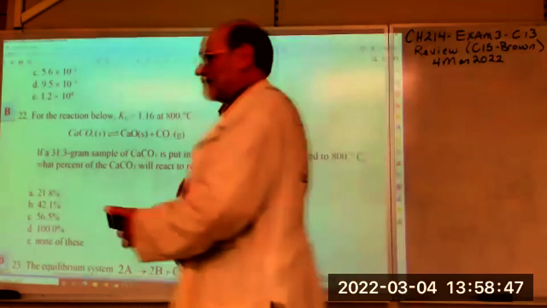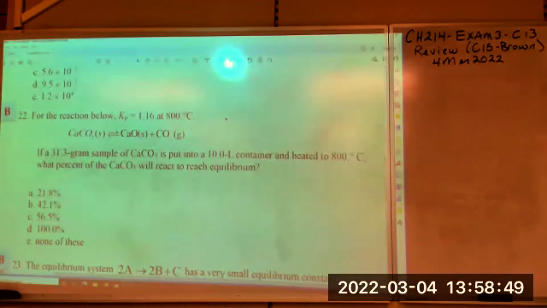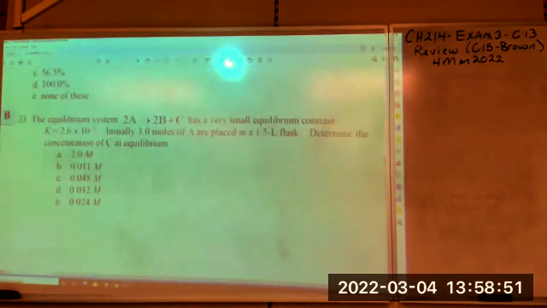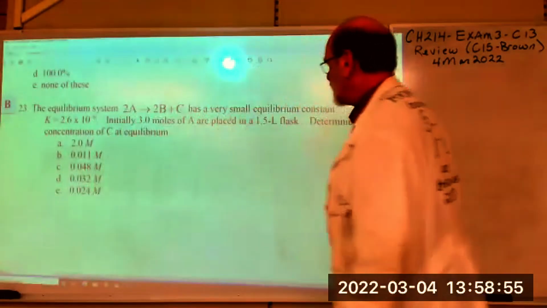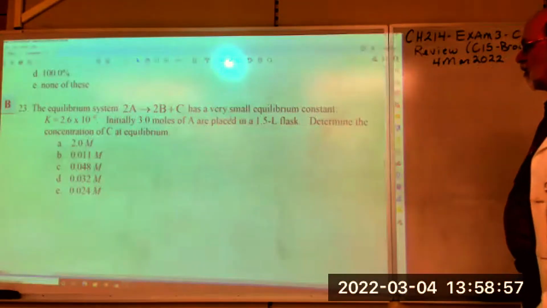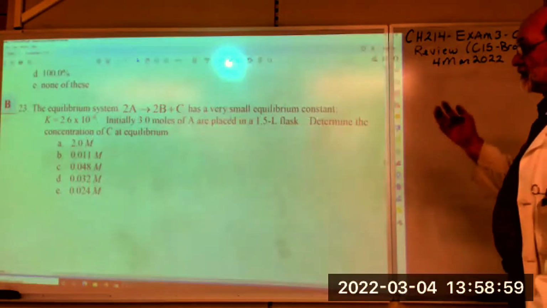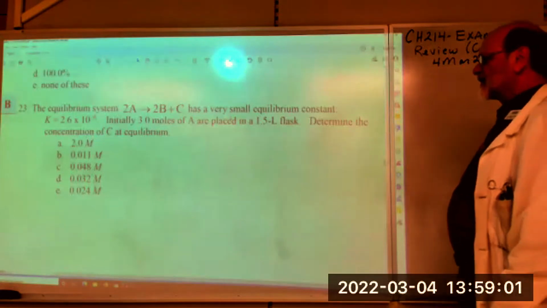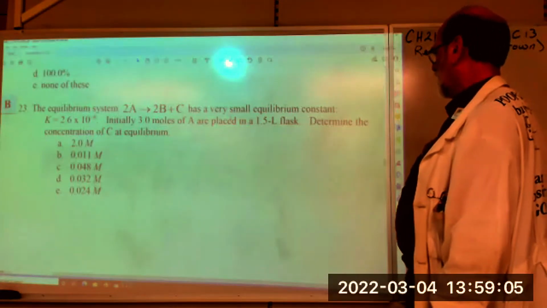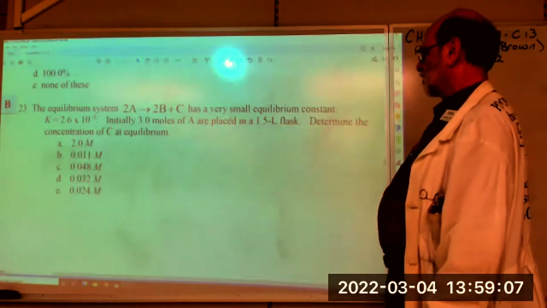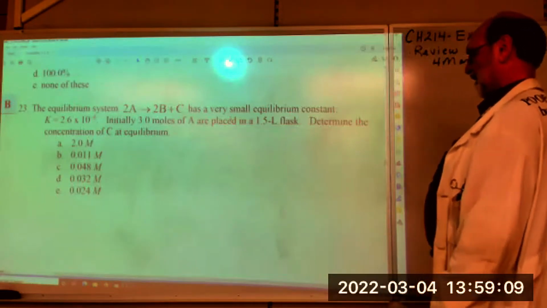Okay, 23. This system is 2A yields 2B plus C, very small equilibrium constant. Actually gives us the value, 10 to the minus 6. Initially, 3 moles of A are placed in a 1.5 liter flask. Determine the concentration of C at equilibrium.